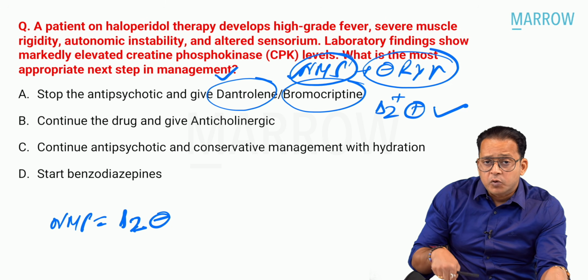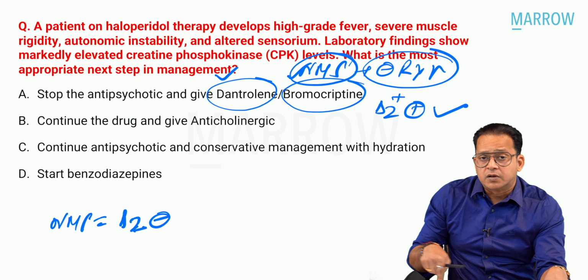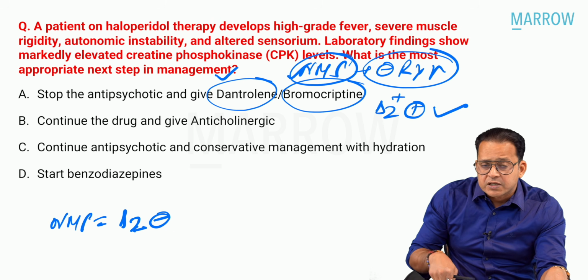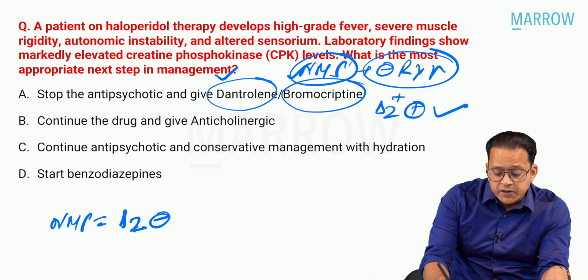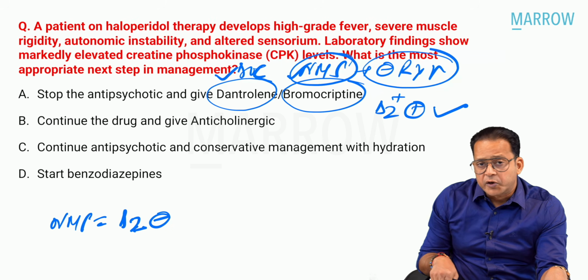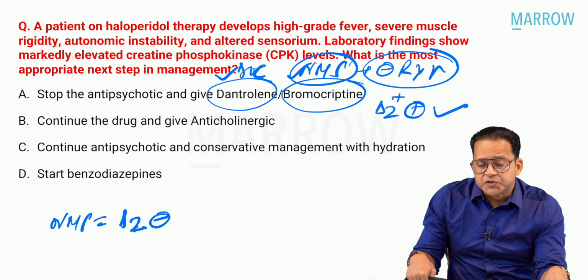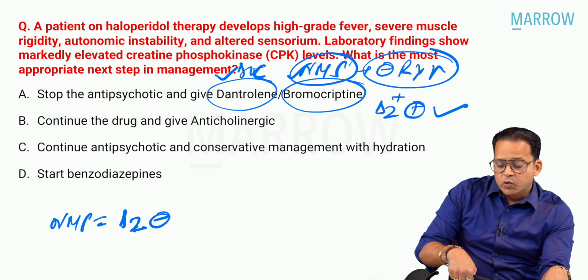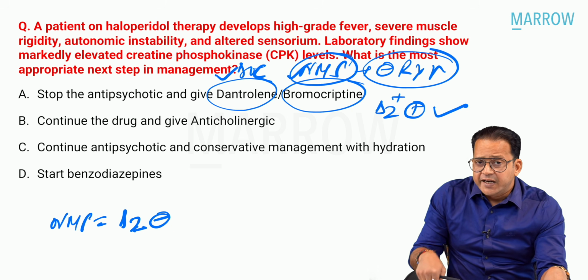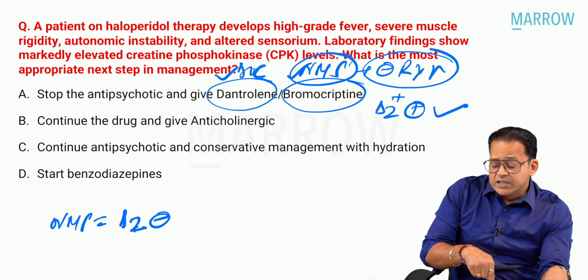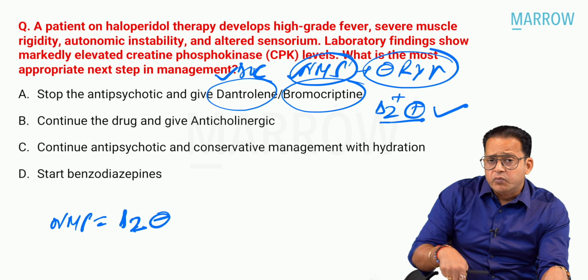But remember, most specific does not mean the best drug or the drug of choice. No. Most specific means reverse of the cause. So the main drug here, or drug of choice, is dantrolene. Most specific is bromocriptine. I have to save the life of the patient, and that is the reason why I combine dantrolene and bromocriptine. But remember, bromocriptine should not be used in other types of EPS. The reason being stimulation of D2 receptor will worsen psychosis.